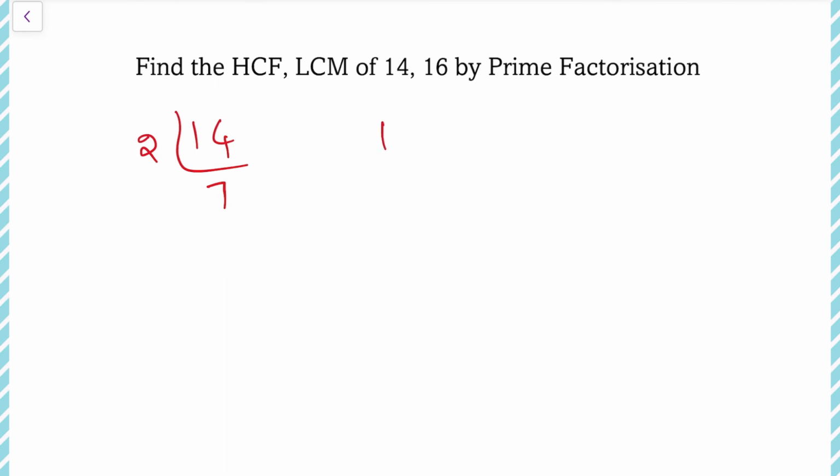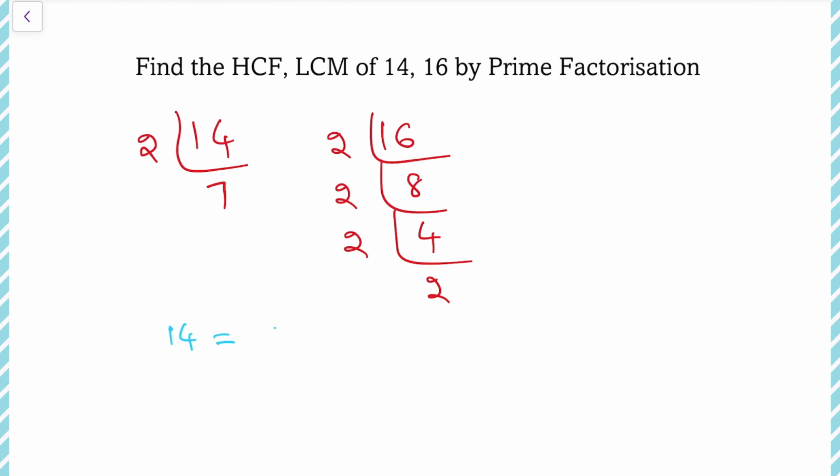Then coming to 16, 2 8s are 16, 2 4s are 8, 2 2s are 4. Now let us write this clearly. 14 equals 2 into 7, 16 equals 2 into 2 into 2 into 2.